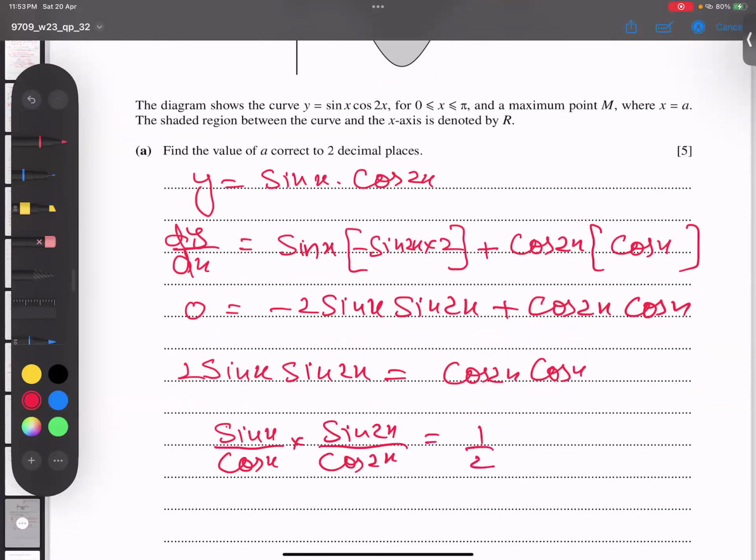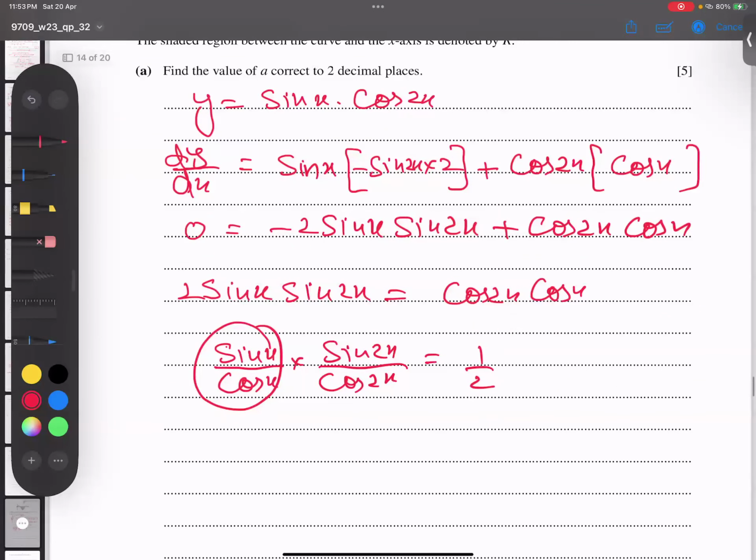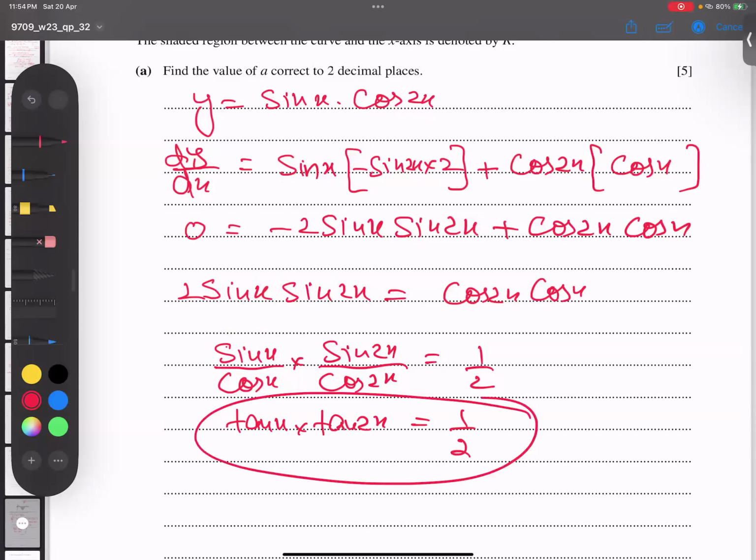I have another way also, but this is good for you to understand: tan x into tan double x. Or you convert it completely into tan. You can convert into sine or cos; all 3 options are available. You can choose any one way.